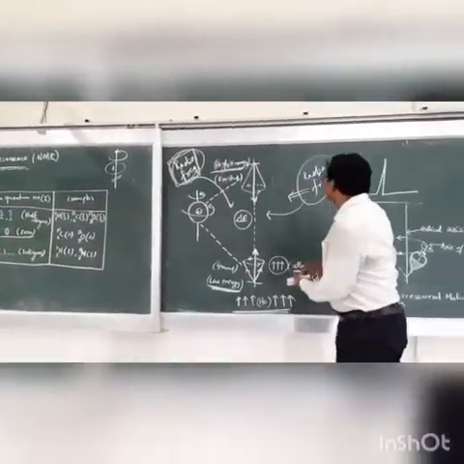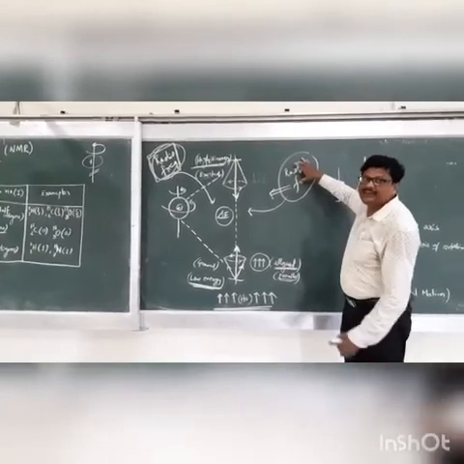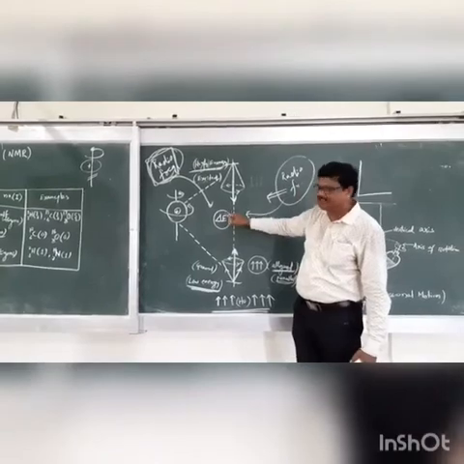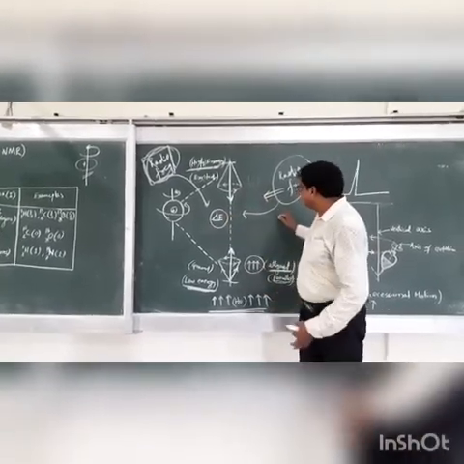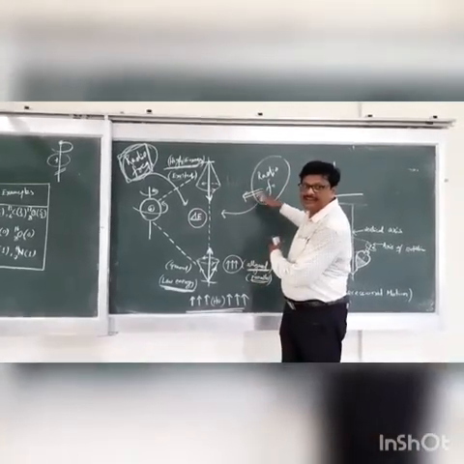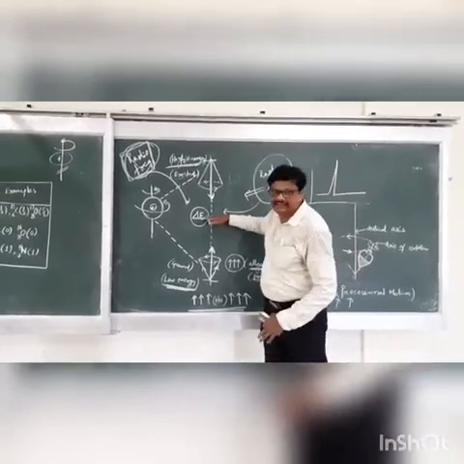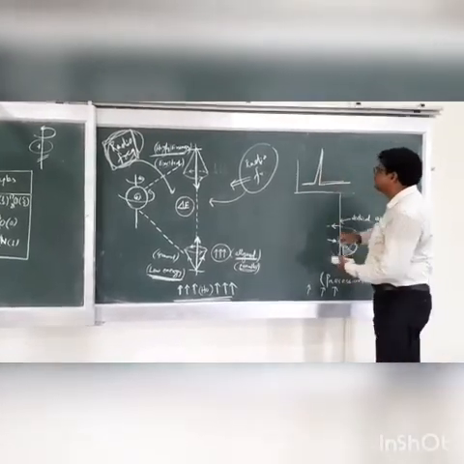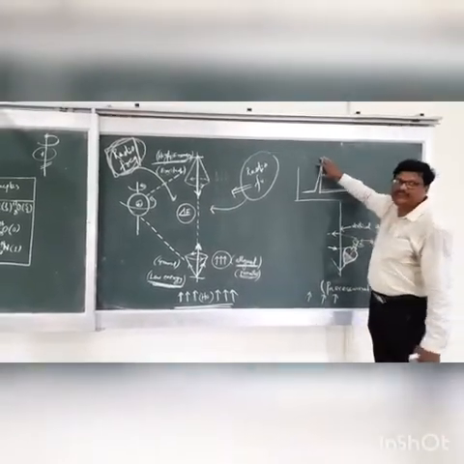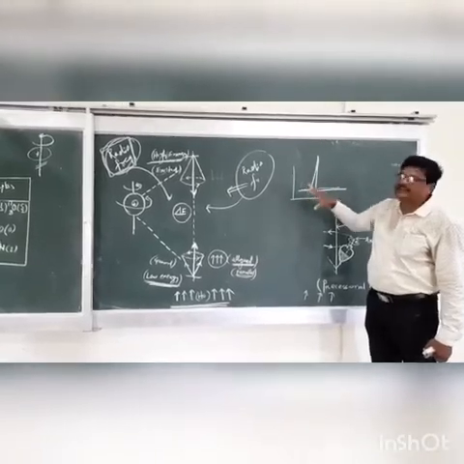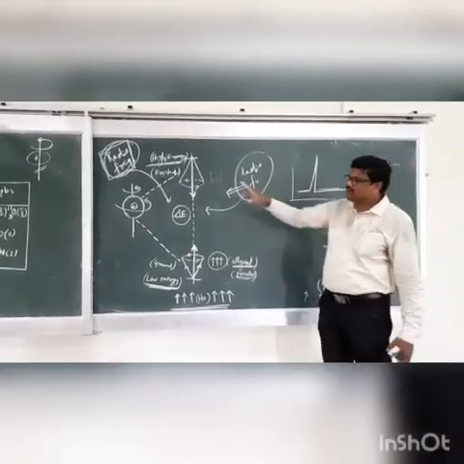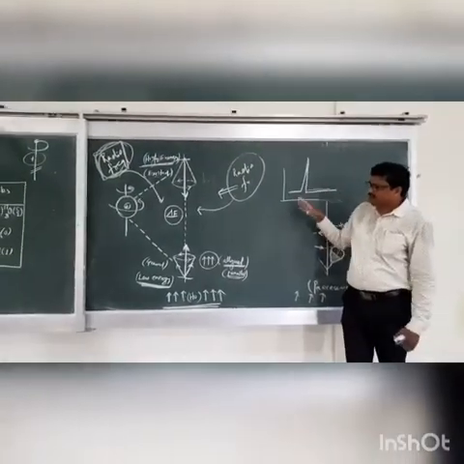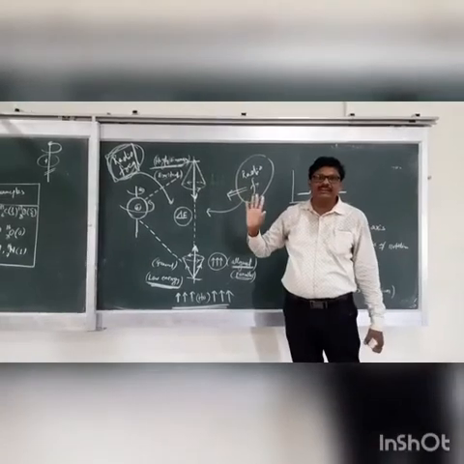When the radio frequency of suitable frequency becomes the same as this energy difference, a particular energy of the radio frequency wave gets absorbed, and in that case the instrument gives a peak in the NMR spectrum, and based on that peak we can recognize what type of nucleus is there. So this is the fundamental of nuclear magnetic resonance, and I hope it is clear to you what the meaning of nuclear magnetic resonance is.